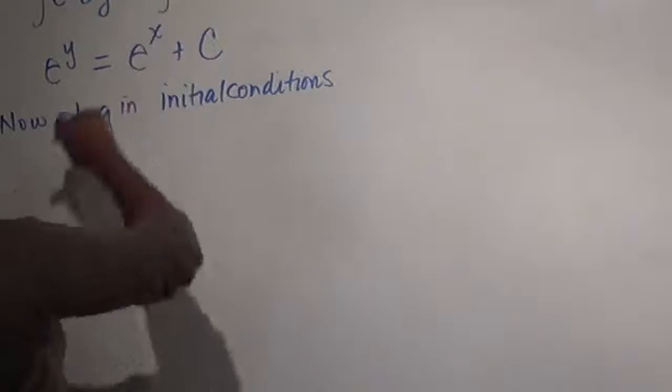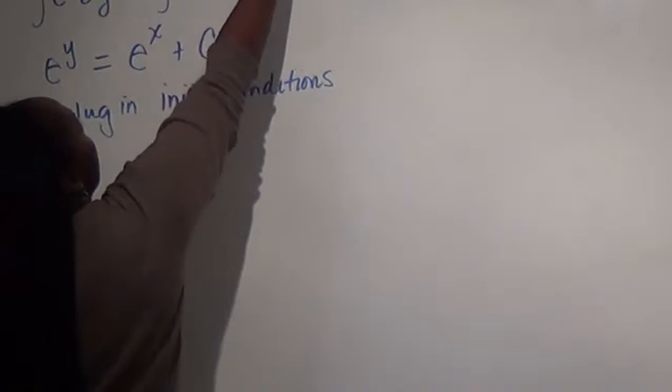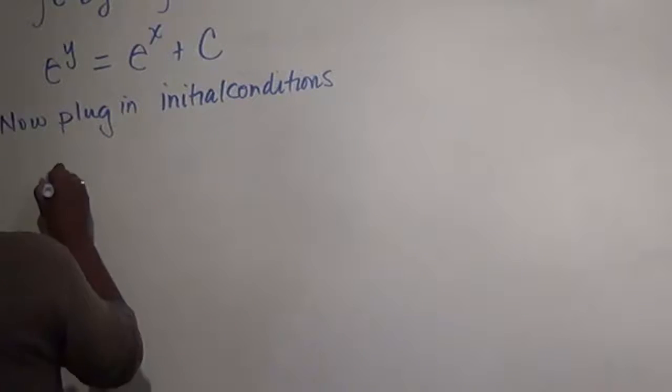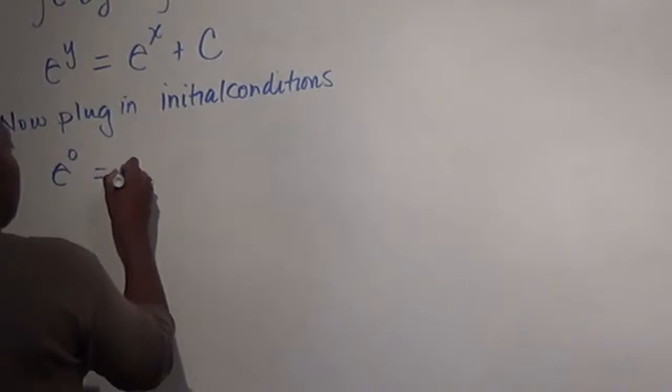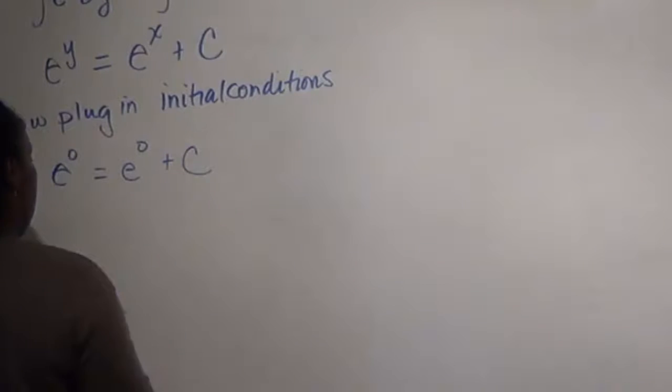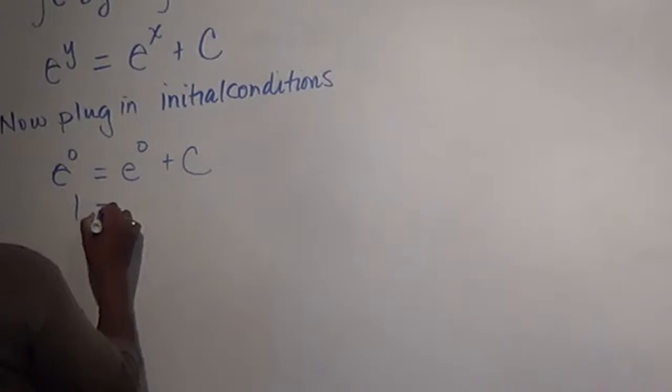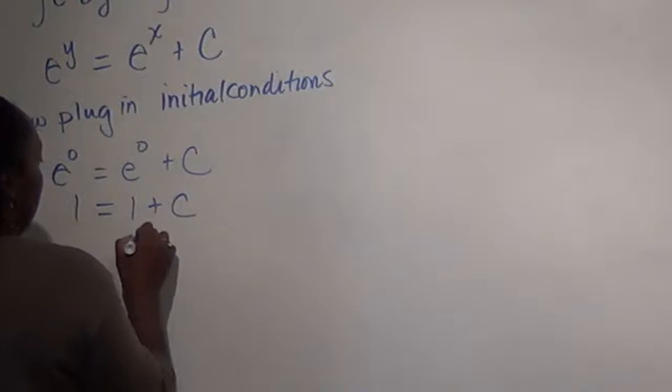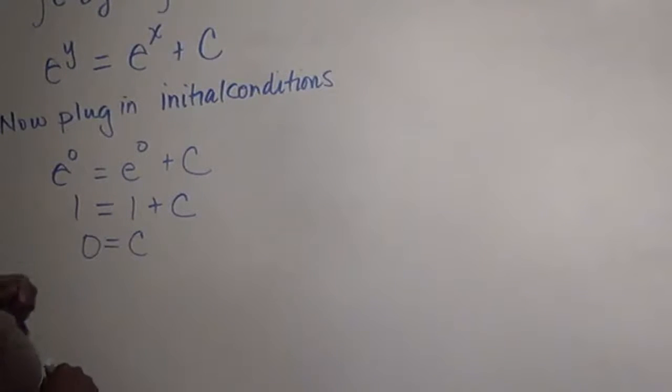Our initial conditions say when x is 0, y is going to be 0. So e to the 0 will equal e to the 0 plus c, which just tells me 1 equals 1 plus c, or c is equal to 0. Okay, that makes this very nice.